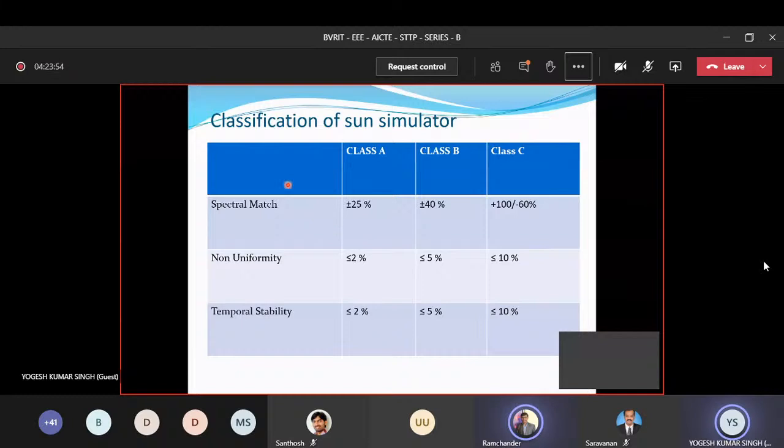So this is the classification of the sun simulator. In the sun simulator, they classify in three different ways: Class A, Class B, and Class C. And these Class A, Class B, and Class C simulators are defined by three different values: the spectral match value, then the non-uniformity, then the temporal stability. So what is the meaning of Class A?